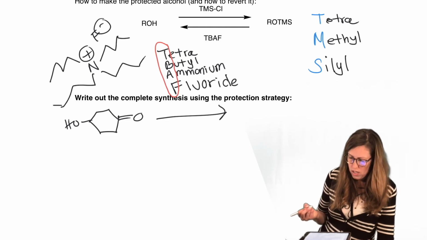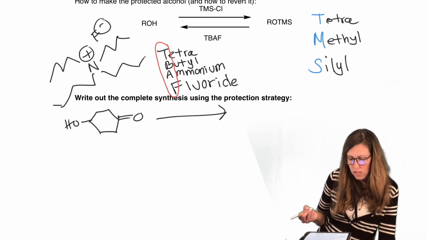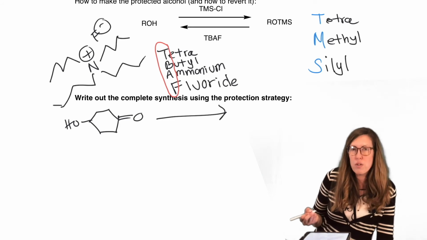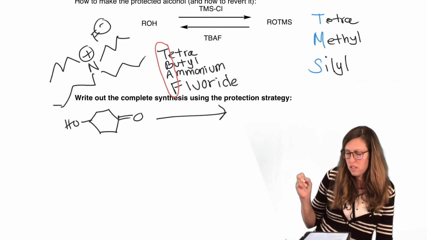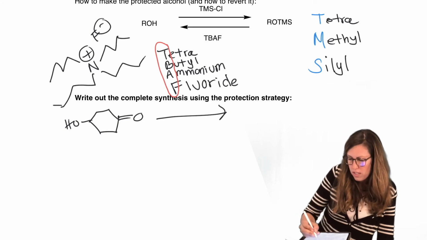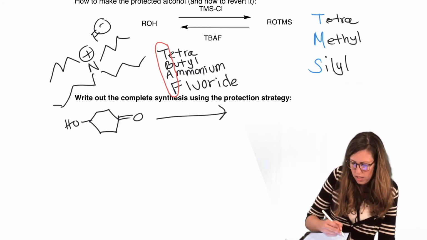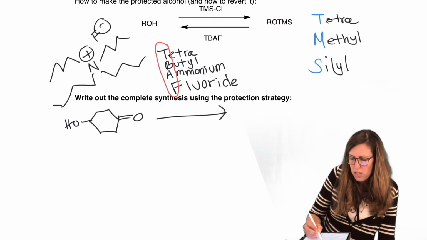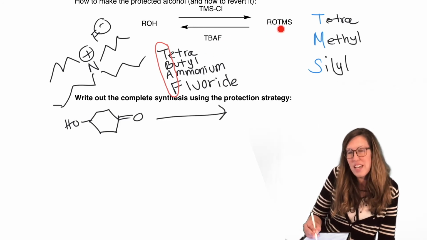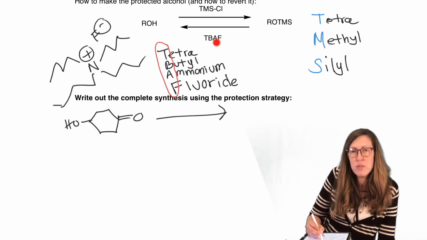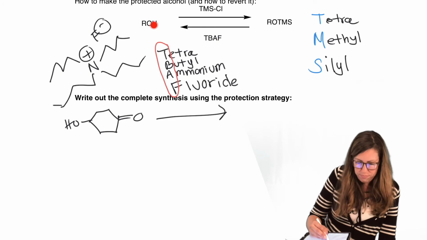Now, this works because silicon and fluorine love each other more than oxygen and silicon do. So previously, there's a silicon-oxygen bond going on here. You throw TBAF in, it competes with the oxygen, and the oxygen loses. So the TMS goes off with the fluorine, and you get back your alcohol.